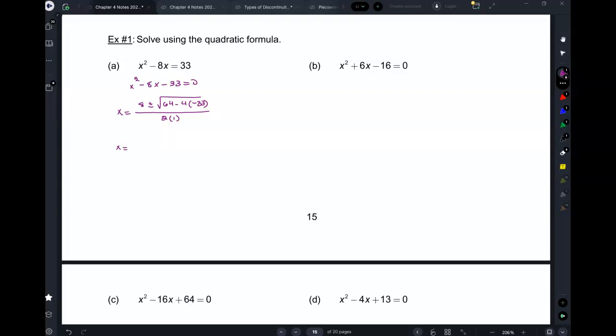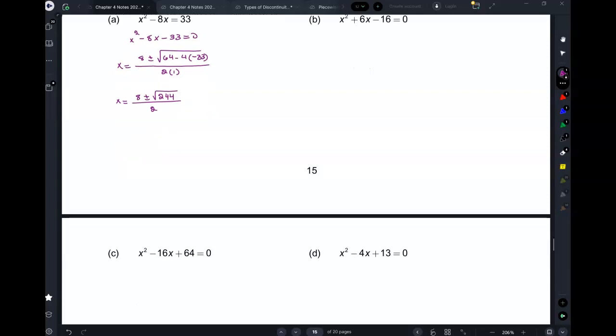So x is 8 plus or minus, this will be root 244 all over 2. So we did it with a calculator and it works. As a matter of fact, why don't you guys have your calculators out on your desk so you can go ahead and plug this in with me.